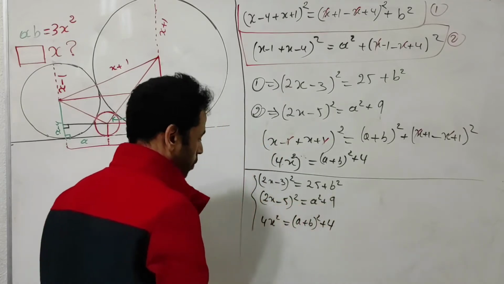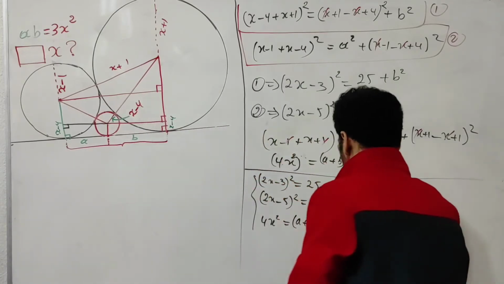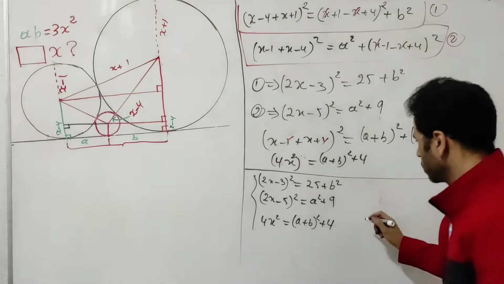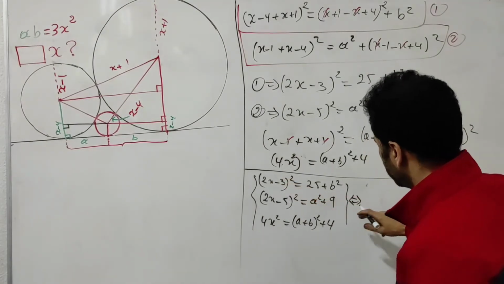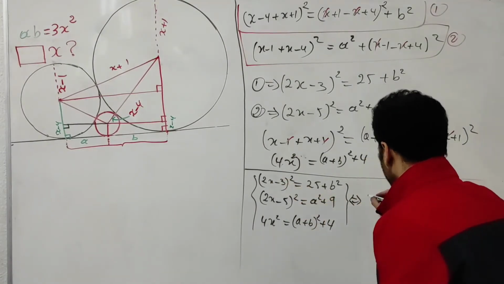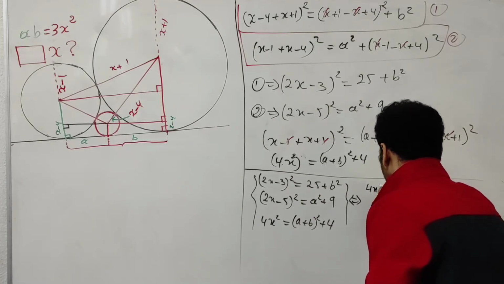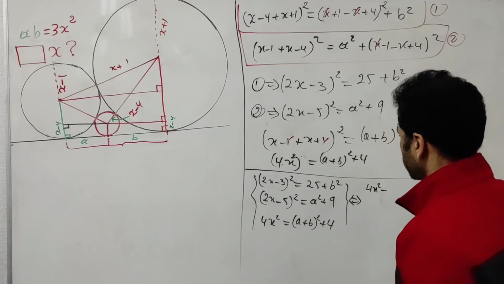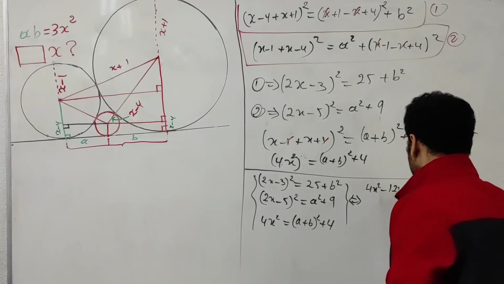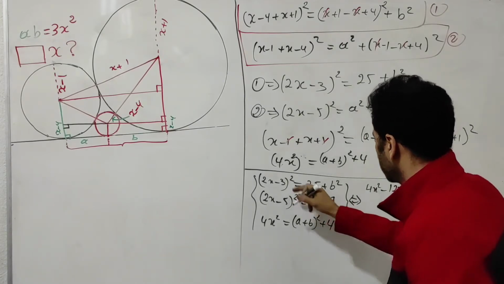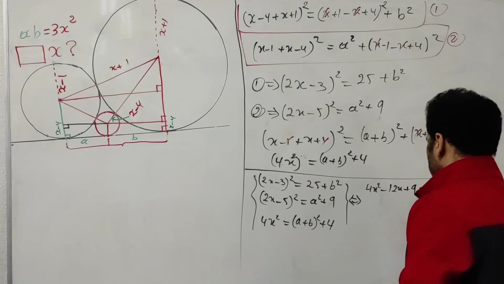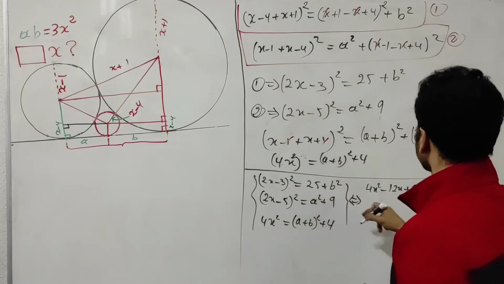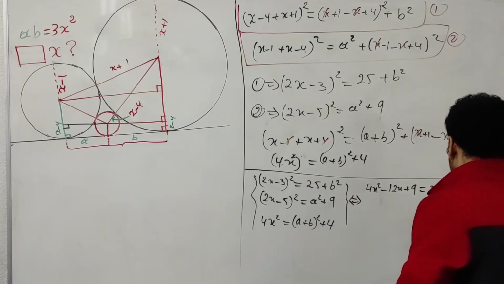Okay, I'm going to simplify these equations. I'm going to expand these three equations. The first equation, I get 4x squared minus 2 times 3, which is 6, times 2, which is minus 12x, plus 3 squared, which is 9, equal to 25 plus b squared.